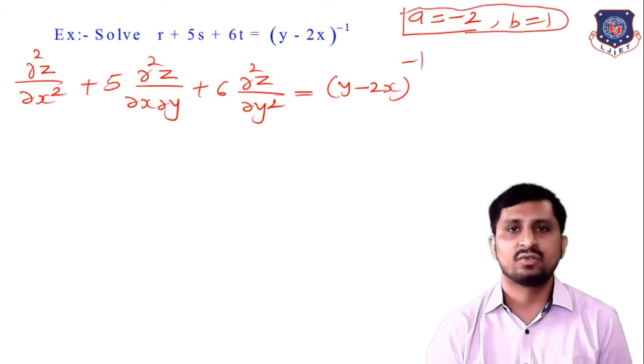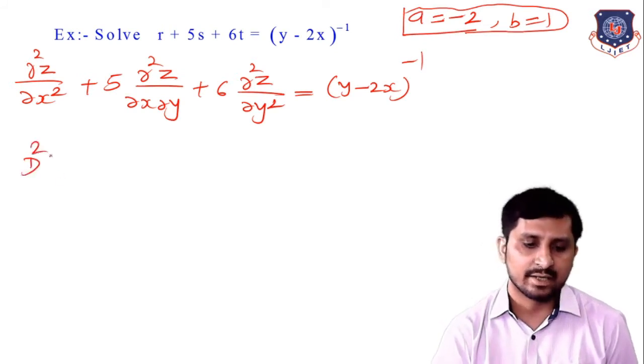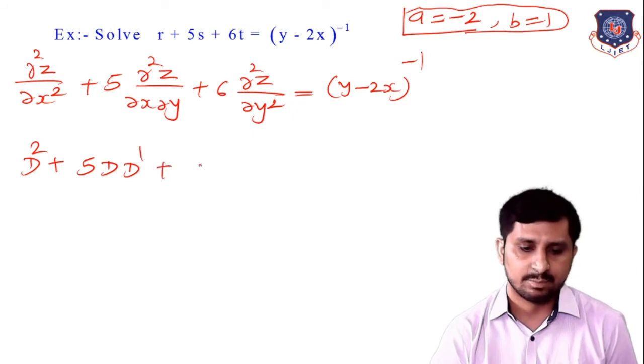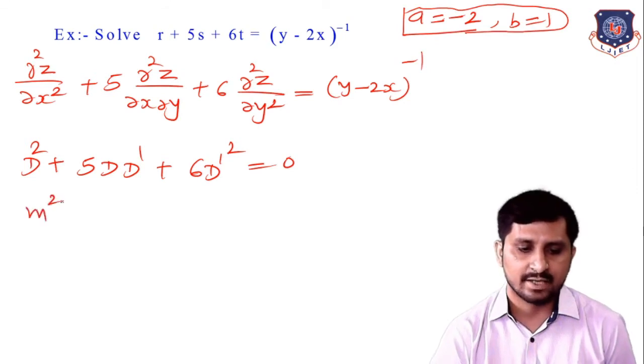Now first of all you have to find the complementary function. So this is d square plus 5 d dash plus 6 d dash square, that is equal to 0. So I can write m square plus 5m plus 6 equal to 0.